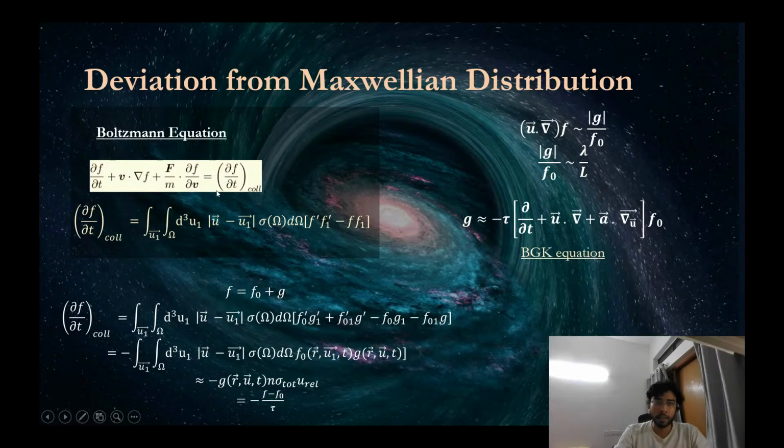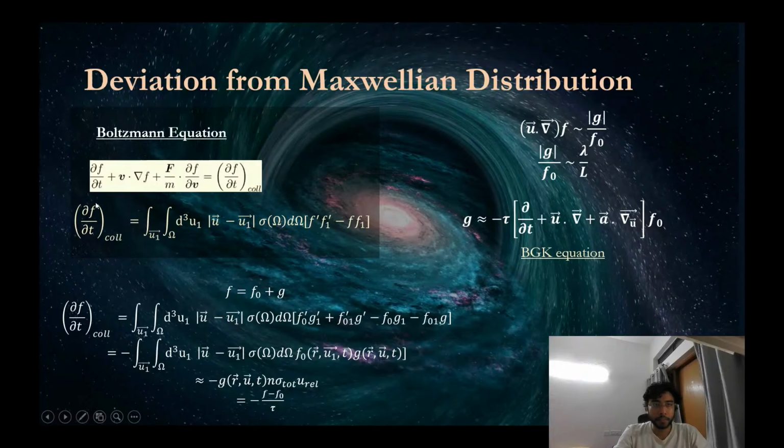So this f will be given as (m by 2 pi kT) to the power 3 by 2 times exponential of minus m v square by 2 kT, right?